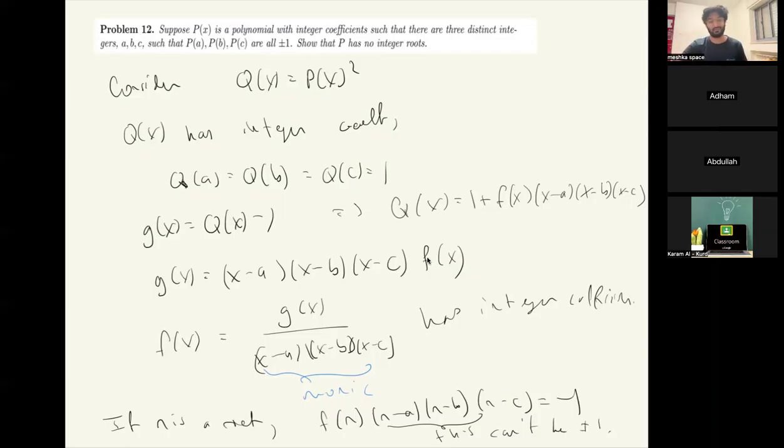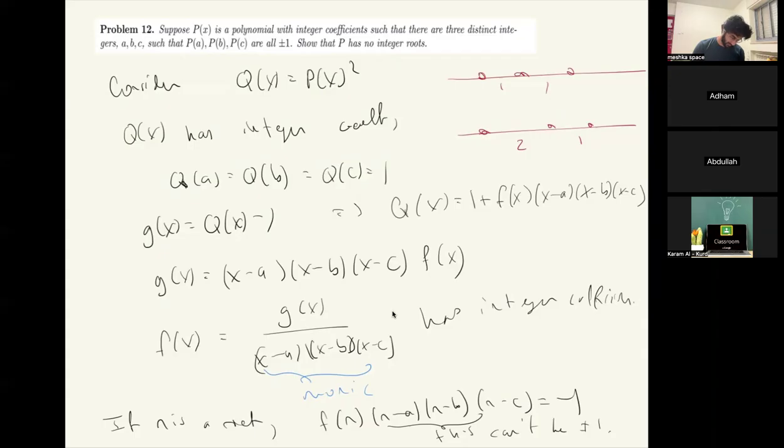If the spacing is 1 each, then n minus a, n minus b, n minus c is too big.